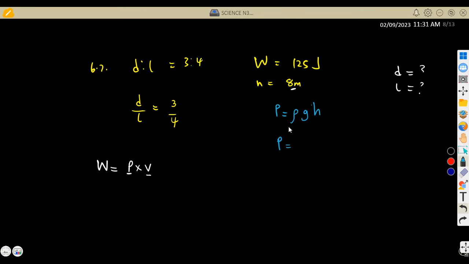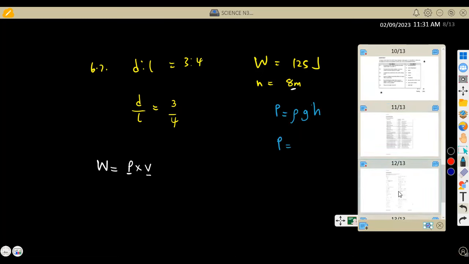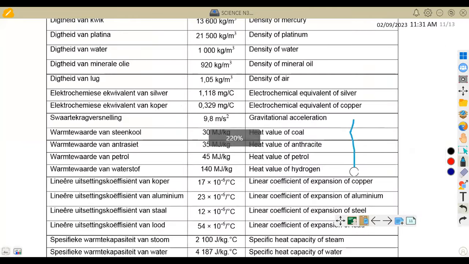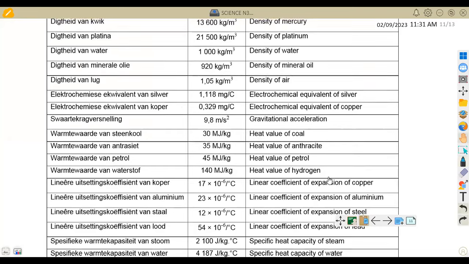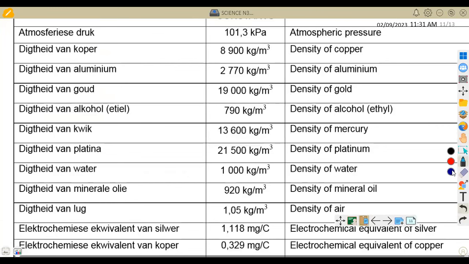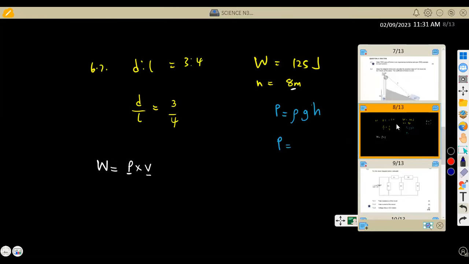The density for water from our formula sheet, if you've forgotten this, you can take it from the table, is 1,000 kg per cubic meter.